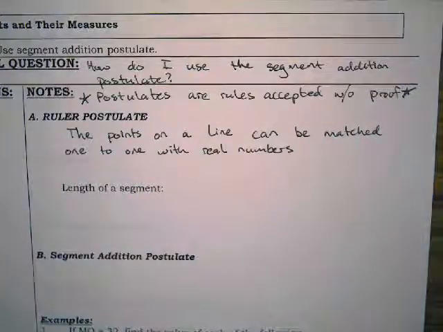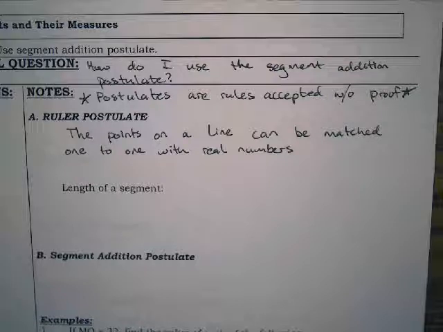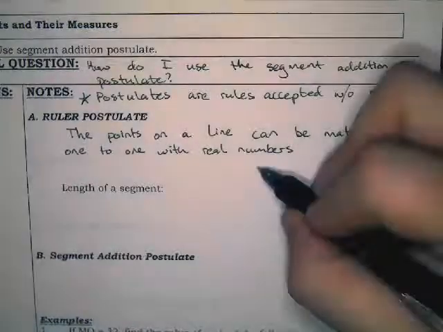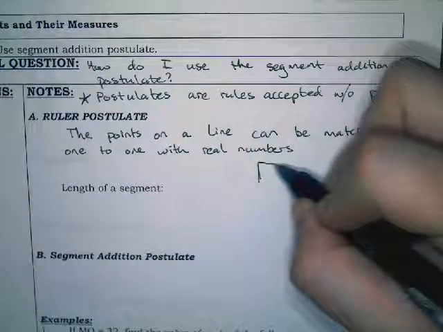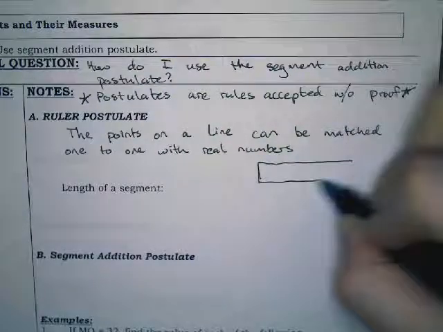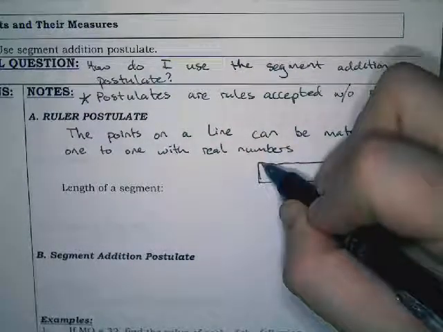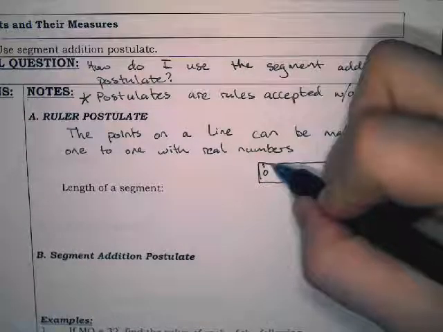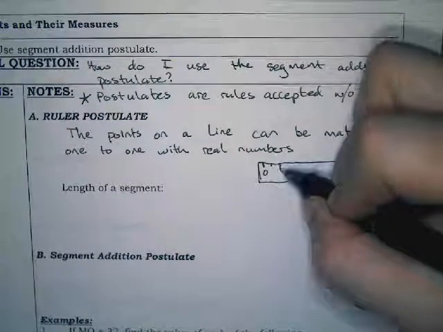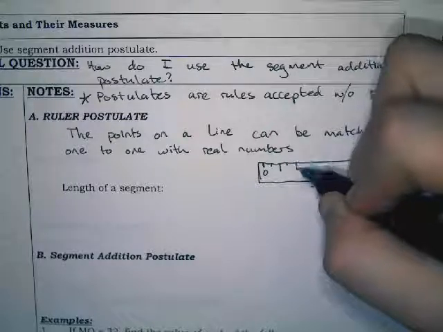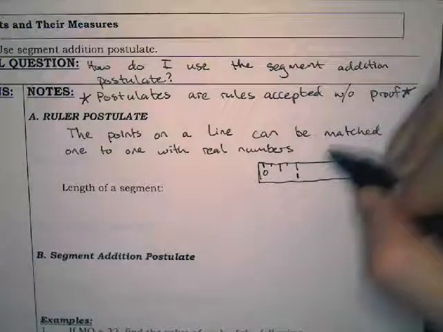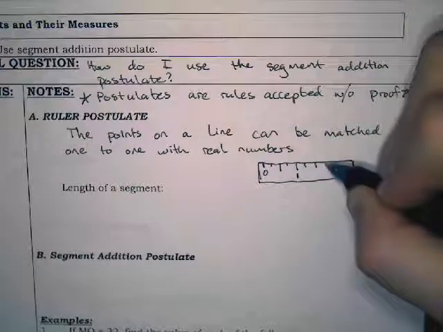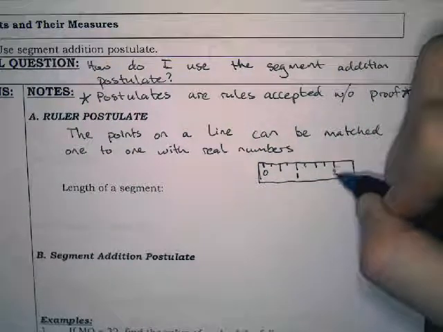And what that means is kind of just explaining what a ruler is. So if I drew a ruler, and we're just going to start measuring our ruler, not quite at the end, but right there. And we're going to split it into fourths. So there's 1, there's 2.